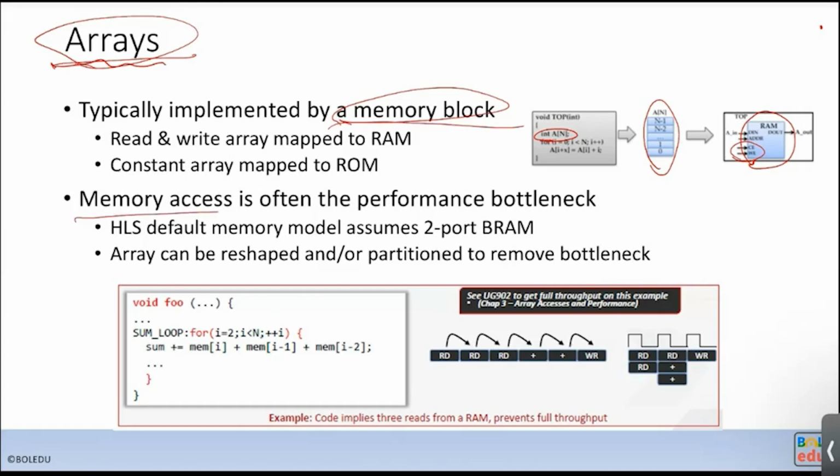The memory access is the performance bottleneck, and it's very critical. In HLS design, as we talked about in the last lecture, it is actually a data flow management process. The memory is a very critical part because memory has very limited ports. In an FPGA, you have only a 2-port block RAM.